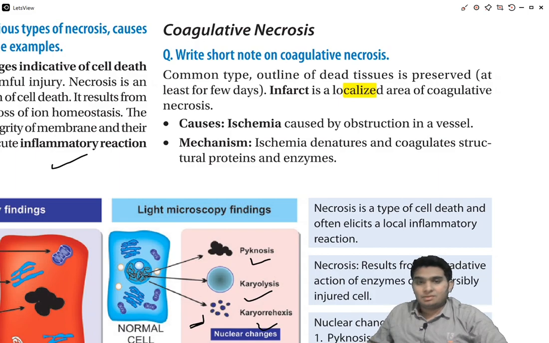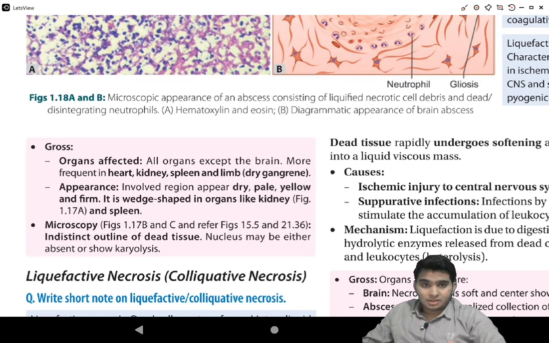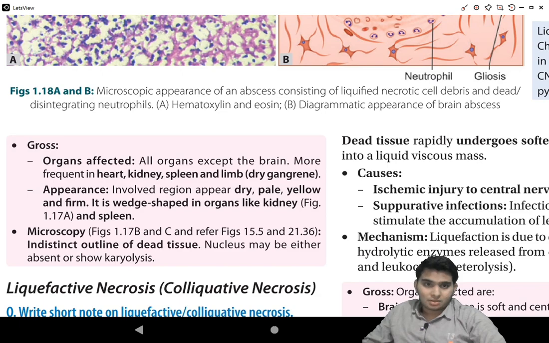Its mechanism is that ischemia denatures and coagulates structural proteins and enzymes. The organs affected are all organs except the brain, but more frequent are the heart, kidney, spleen, and limb. In the limb, it causes dry gangrene.